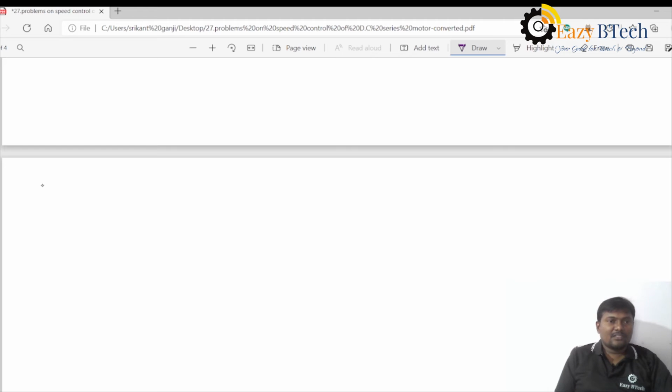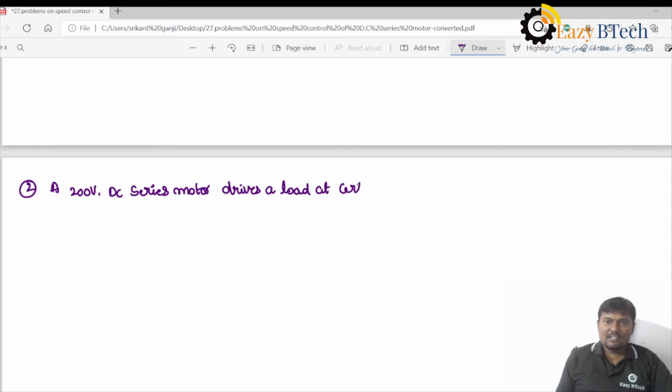The next problem is the second problem. A 200 volts DC series motor drives a load at a certain speed, and takes a load current of 30 amperes.